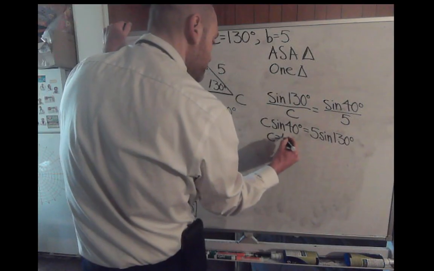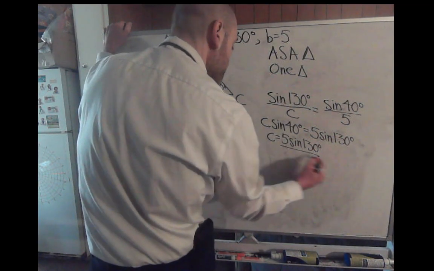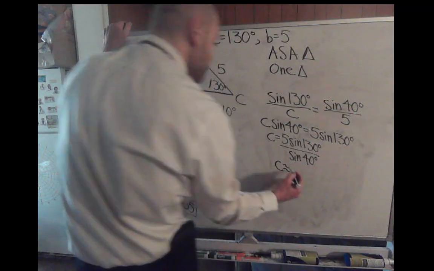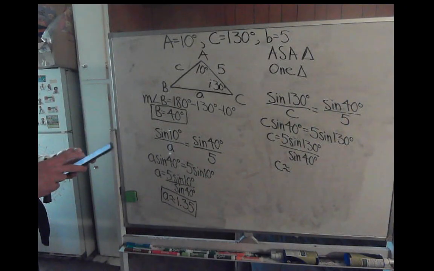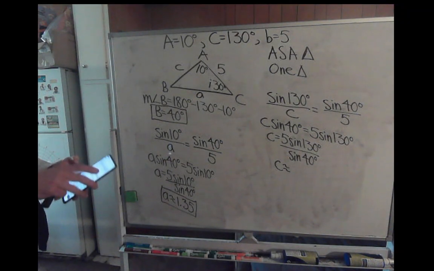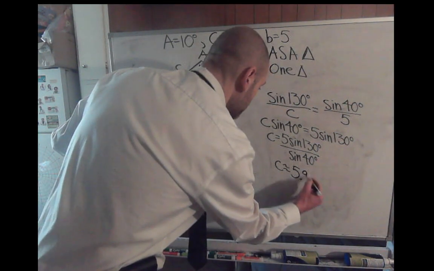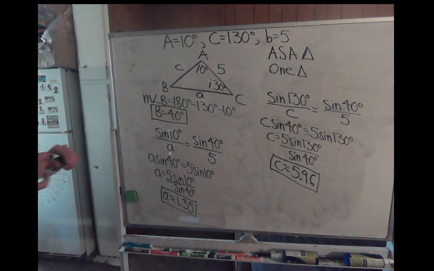So C equals 5 times the sine of 130 degrees all over the sine of 40 degrees. And now we can get a 2 decimal place approximation for all this. That's about 5.96. So side C would be about 5.96. So there are all your values for this triangle. And I got 2 more.